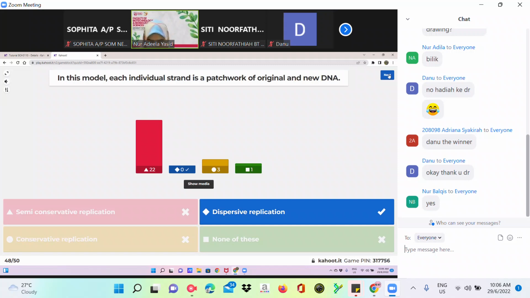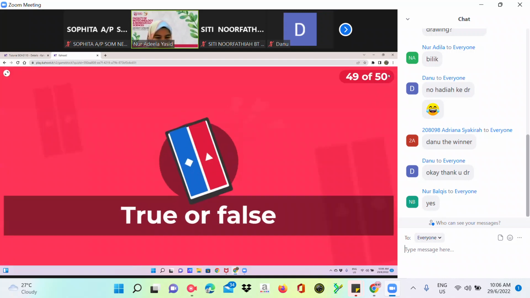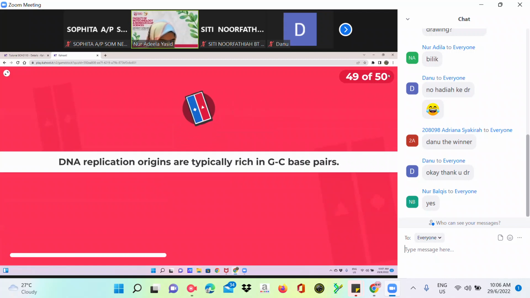What does it mean by semi-conservative, conservative, and also dispersive replication? This question tells you about each individual strand being a patchwork of original and also new DNA. So you should be able to differentiate between dispersive, semi-conservative, and also conservative. For semi-conservative, you need to understand the experiment carried out by Meselson and Stahl. Okay. The last two.